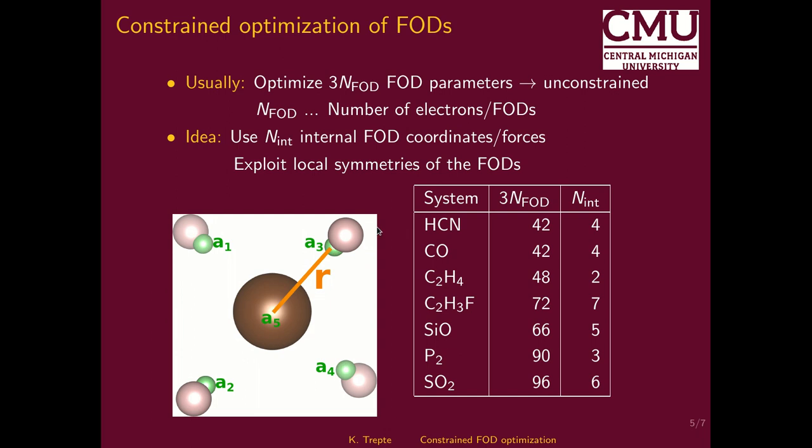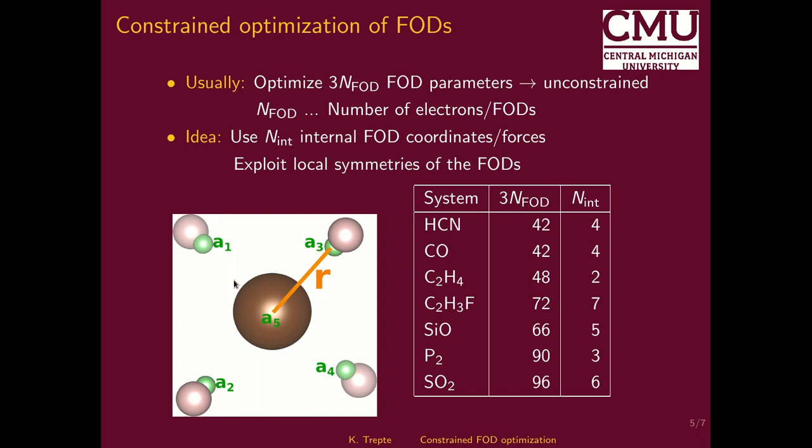Again, on the example of CH4, typically we have 5 FODs per spin channel, and each of these has 3 Cartesian coordinates.